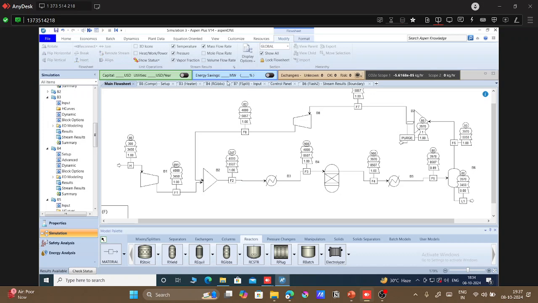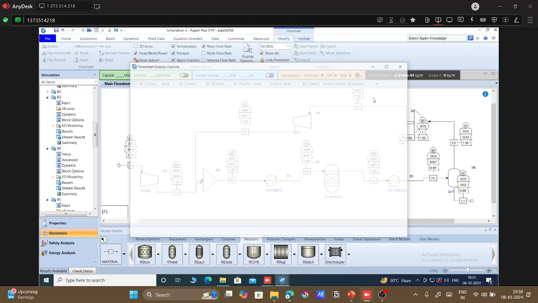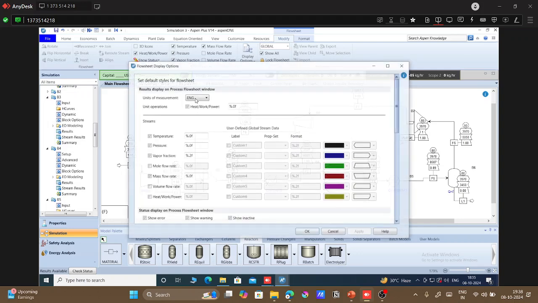One more thing we can look at is the heat and work required for the compressors as well as the heater and reactor. Again it's in English units, so rather than working in English units, let's work in the metric system, so that it's easier for us to interpret the results.